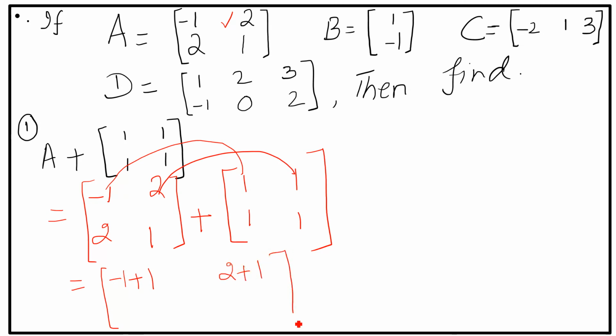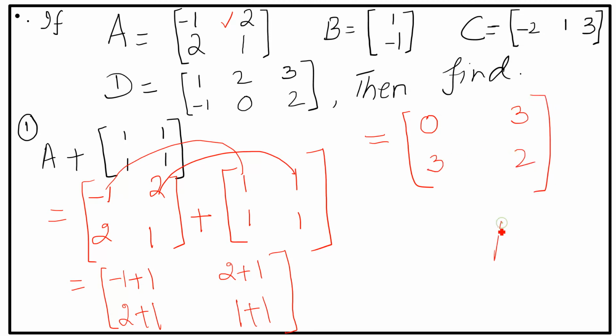These are called the corresponding entries. 2 plus 1 and here 1 plus 1. So it will be equal to, positive 1, negative 1 will be 0. This will be 3, this is 3, and this is 2. And this is the answer.